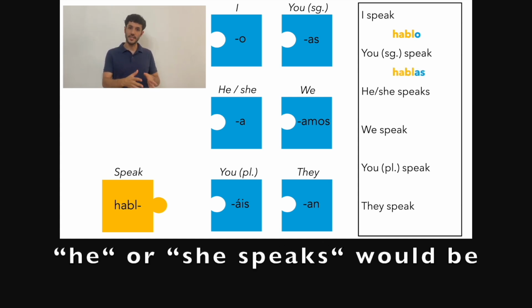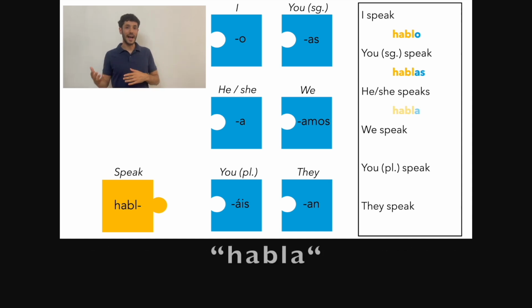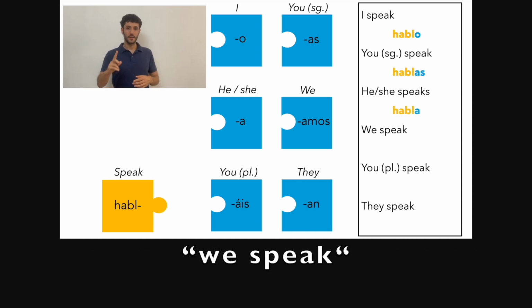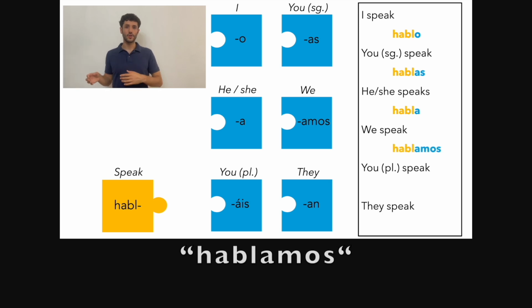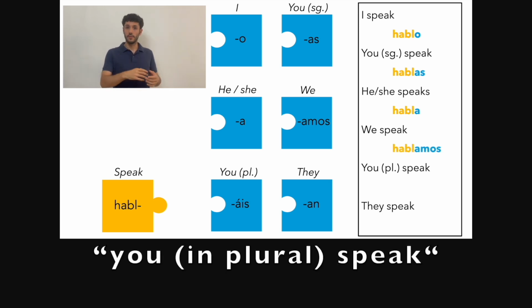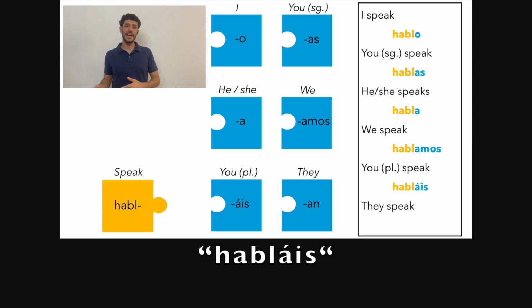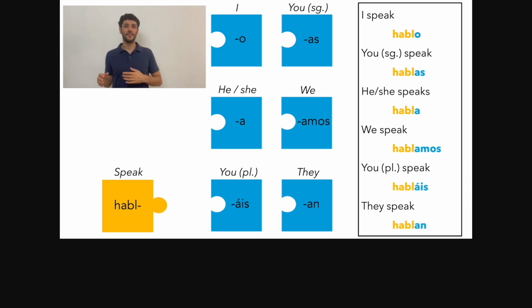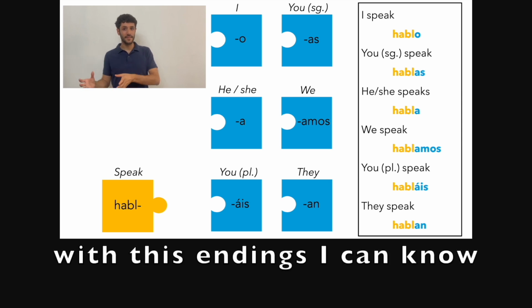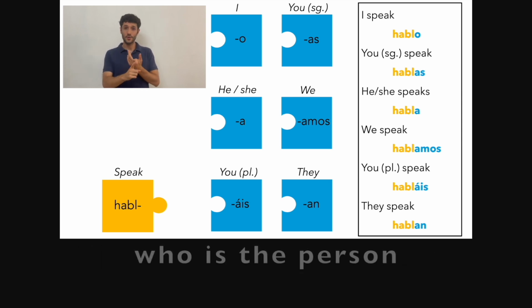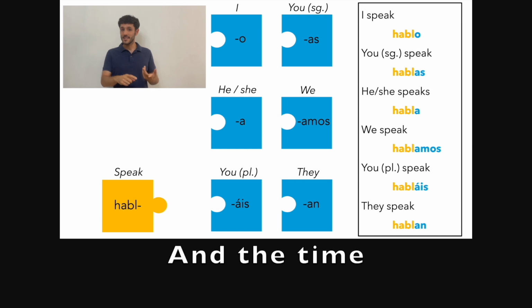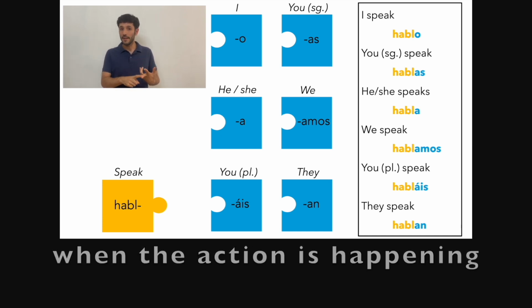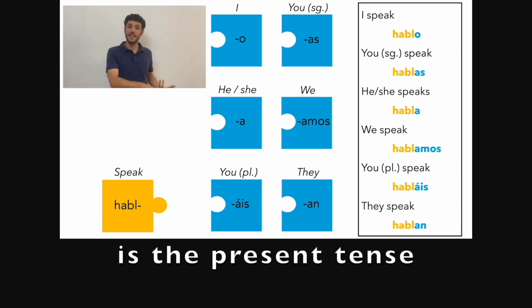He or she speaks would be habla. We speak, hablamos. You, in plural, speak, habláis. They speak, hablan. So as you can see, with this ending, I can know who is the person who is doing the action and the time when the action is happening. That in this case is the present tense.